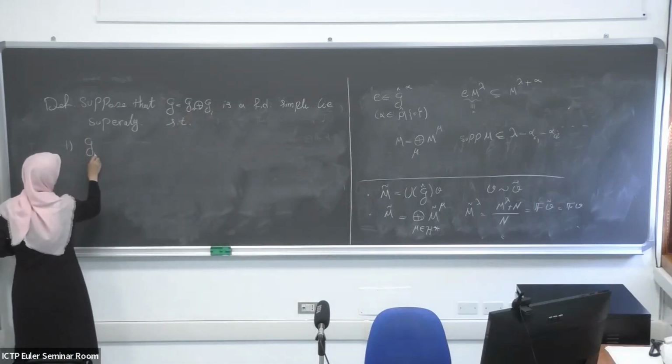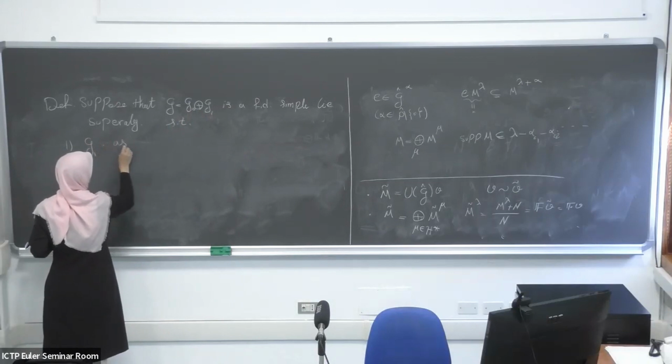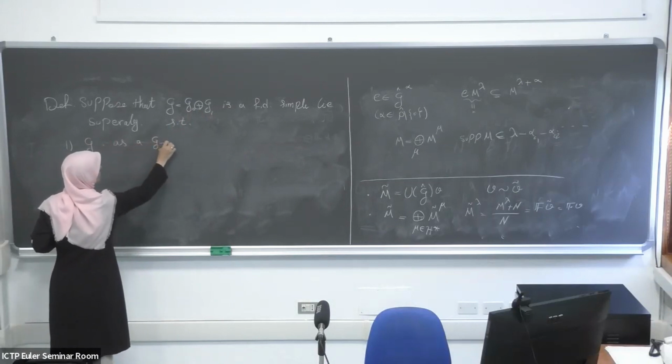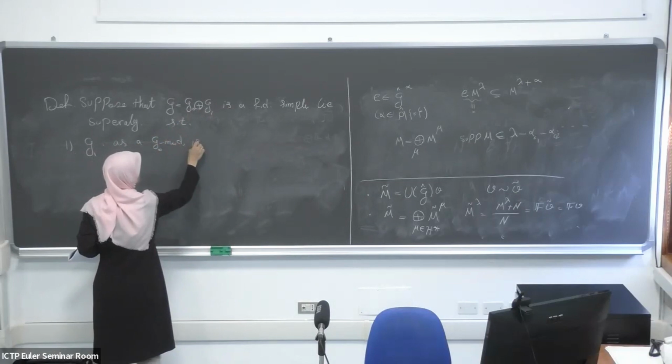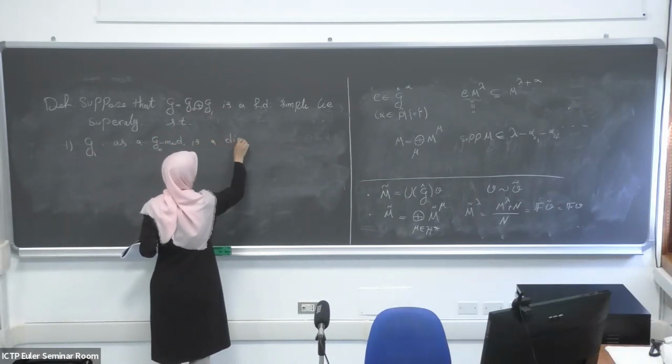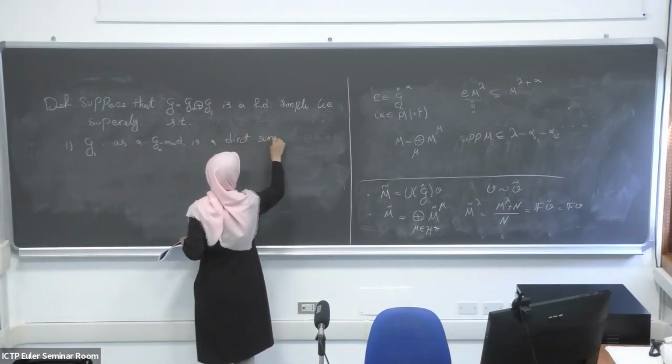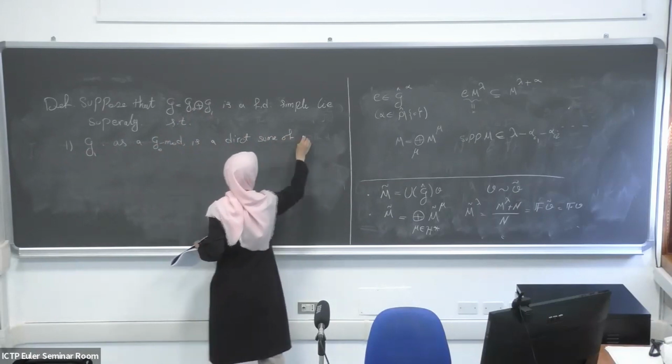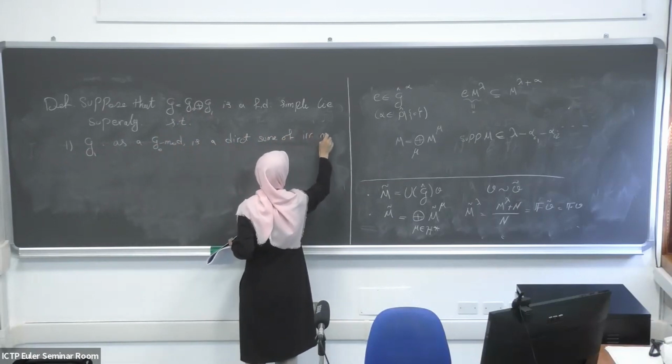G1 as a G0 module is a direct sum of irreducible modules.